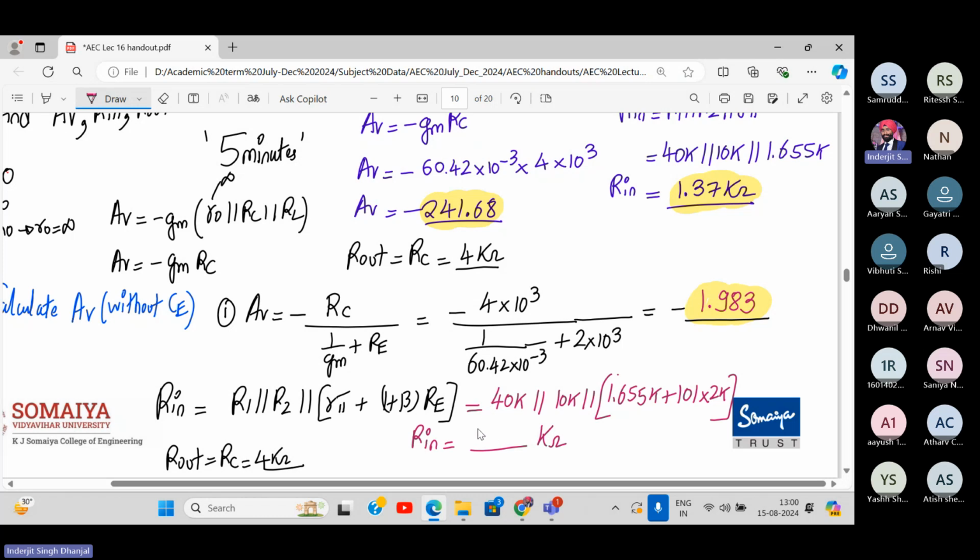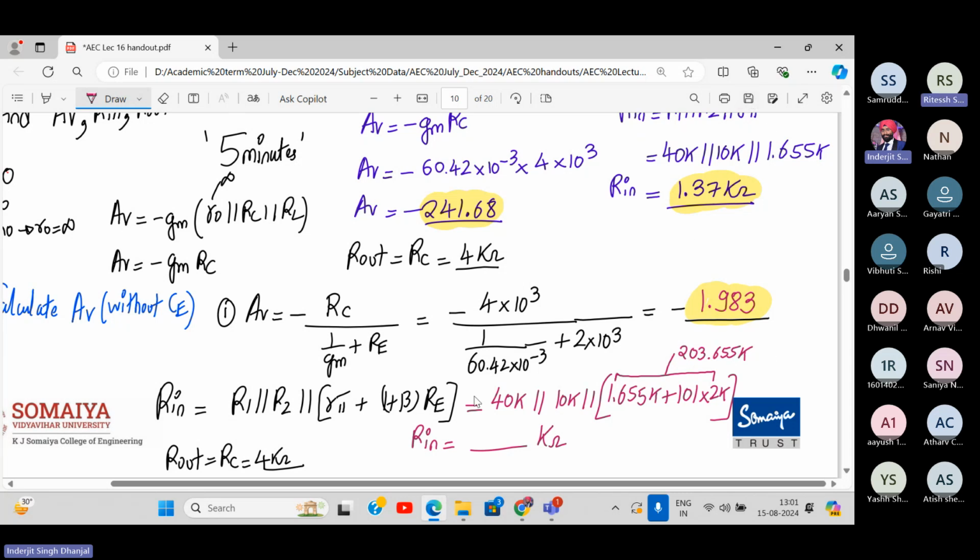Anyone else got this value? So how much is this number? I guess it's 202 plus 1.6. So I think it is 203.655, right? So what is 40K parallel to 10K parallel to 206.55?